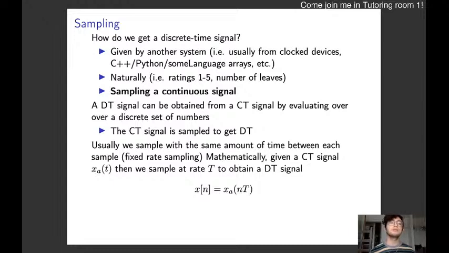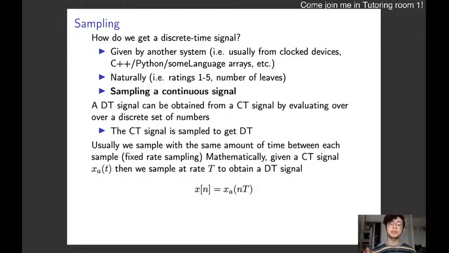In this course, we are mainly concerned with what's called fixed rate sampling. This is where the distance in time between each sample is the same, so it's going to have, for example, a 0.1 difference between each sample.